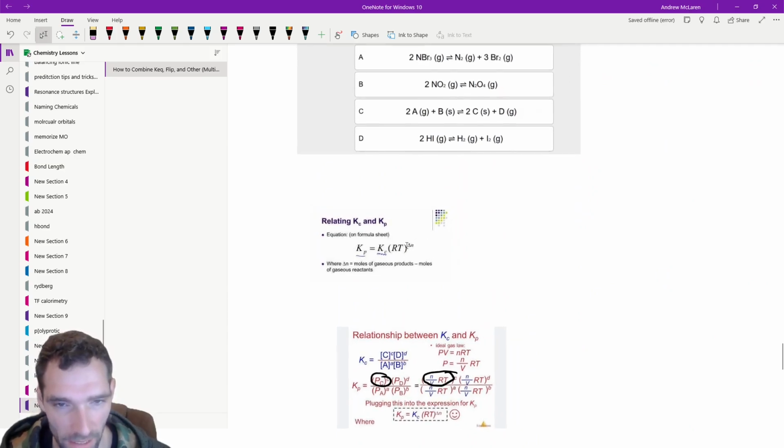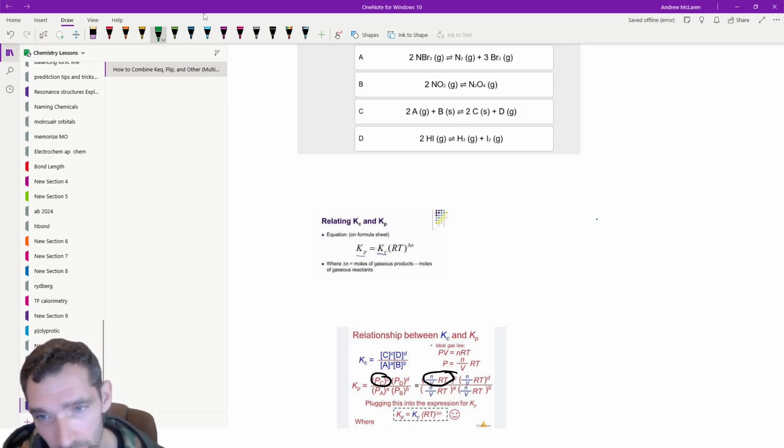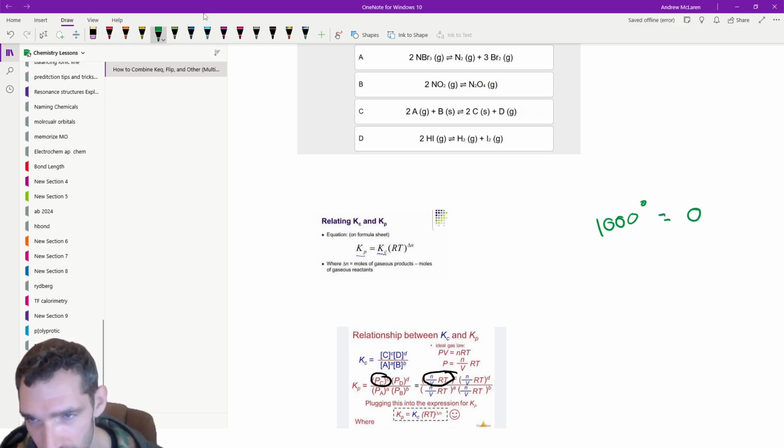Anything up to an exponent value of 1 is going to change things a little bit, but anything up to the value of 0 is the same number. So it doesn't matter if you have 1,000 or 562 up to the 0 power; that is 1.